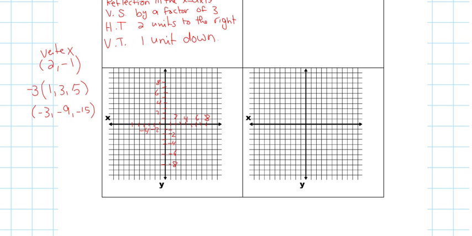So my vertex is 2, -1, which is right here.